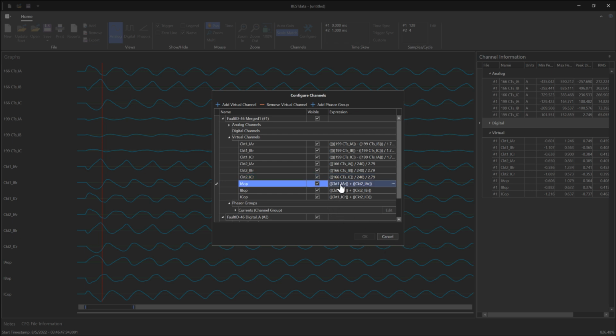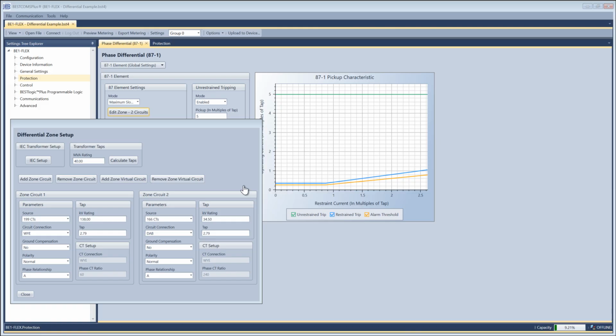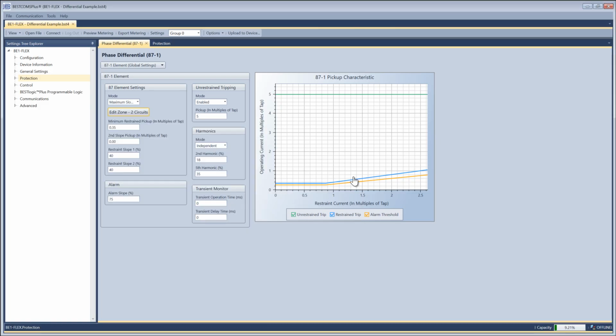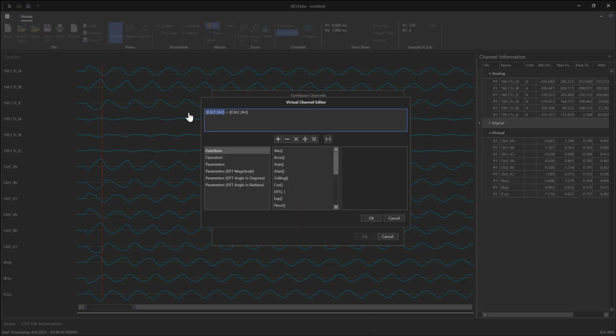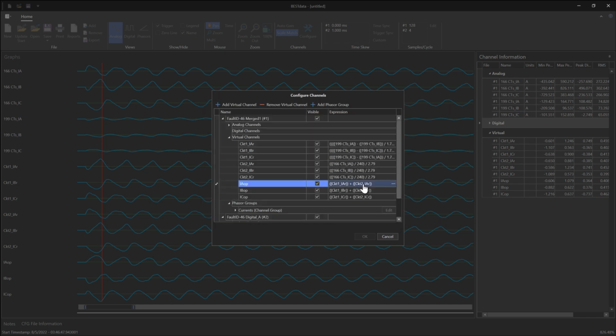The last piece I'm going to do is calculate the operate current. Differential elements are looking at operate and restraint. And again, we can go into further detail if you need to know more on operate versus restraint and how differentials work. But just generically speaking, we're going to take the restraint current of one circuit, add it to the restraint of the other. And by the way, this is an addition because I'm assuming that the polarities are opposite of each other.